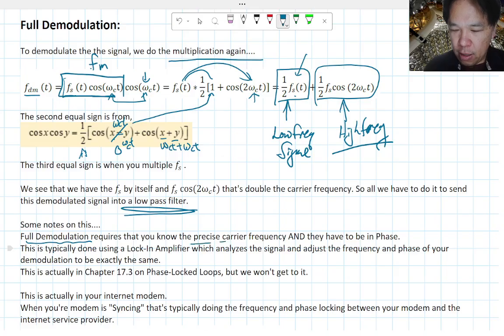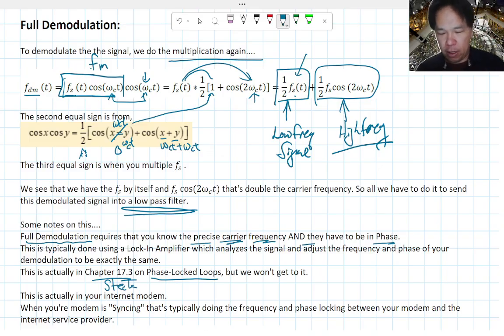The carrier frequency and the phase have to be the same between the modulator and demodulator. If they are slightly different from each other, you're going to degrade the signal substantially, even just a 1 hertz difference between the two. So chapter 17 in Stec, the chapter that covers phase lock loop, I'm not sure I will be able to get to it for this class.